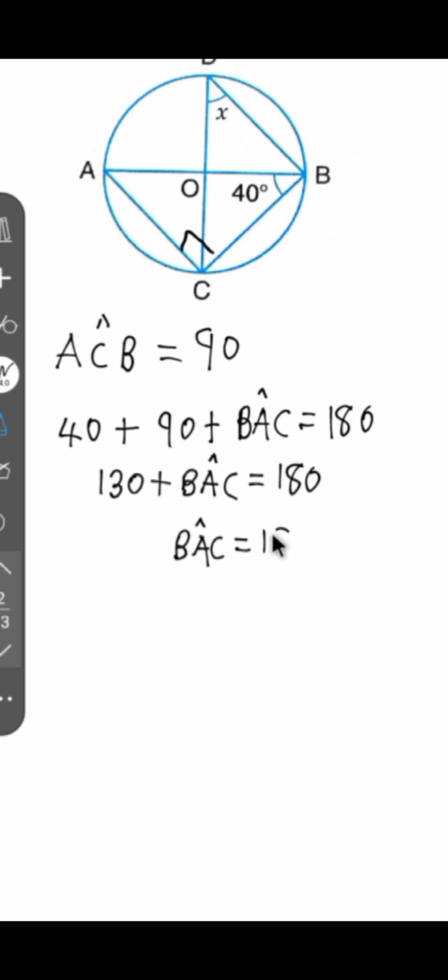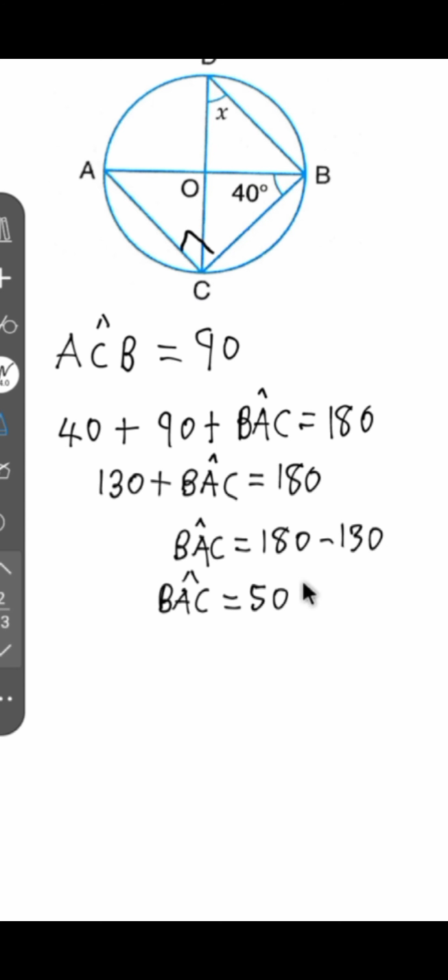Now 40 plus 90, that's 130 plus BAC. So we can say BAC equals 180 minus 130. So angle BAC equals 50 degrees.